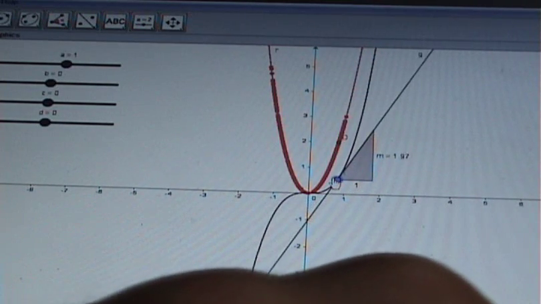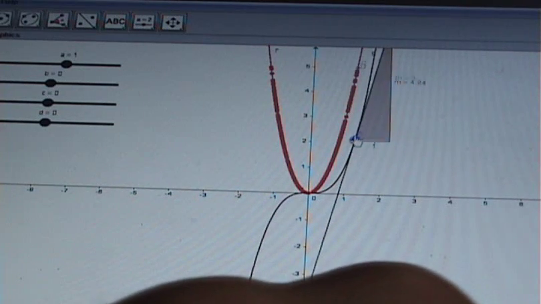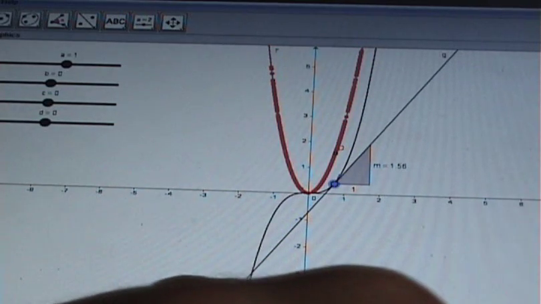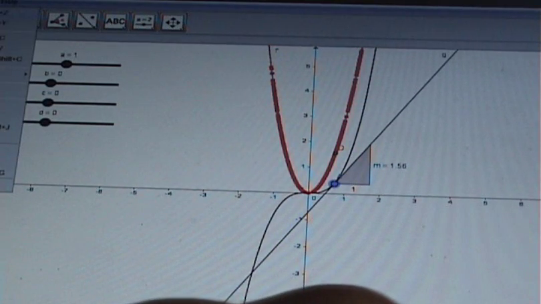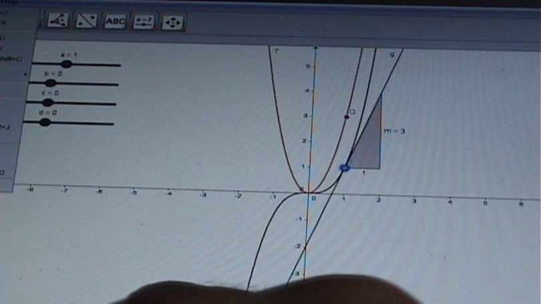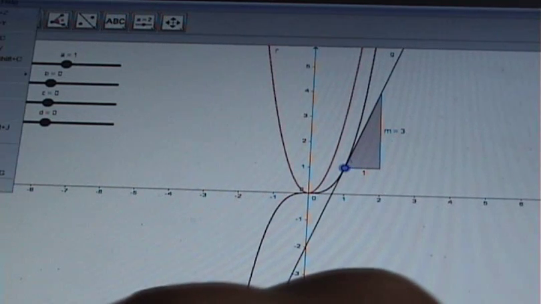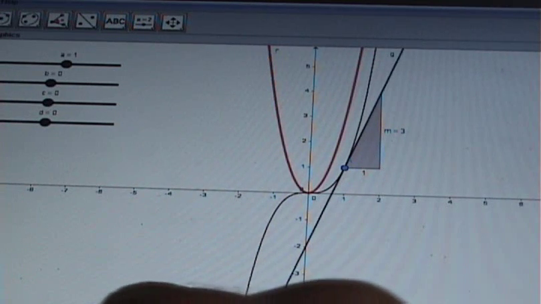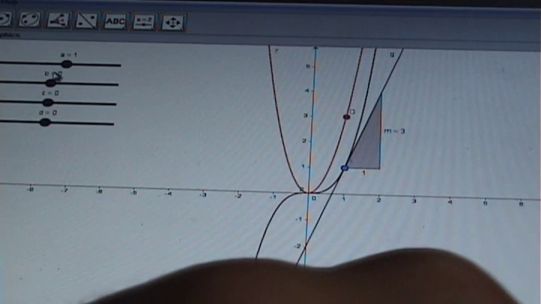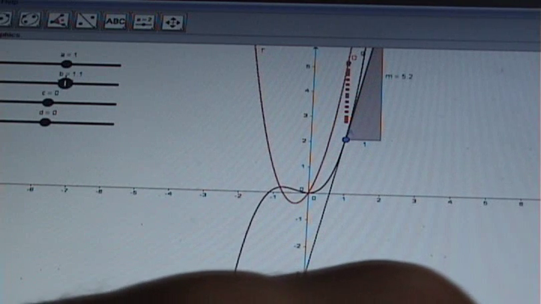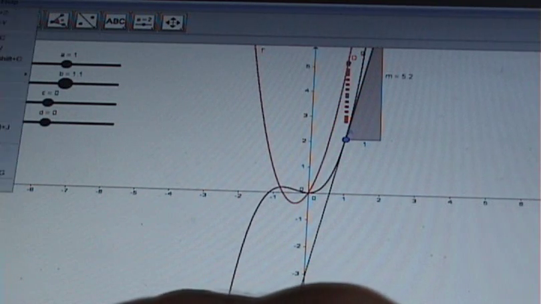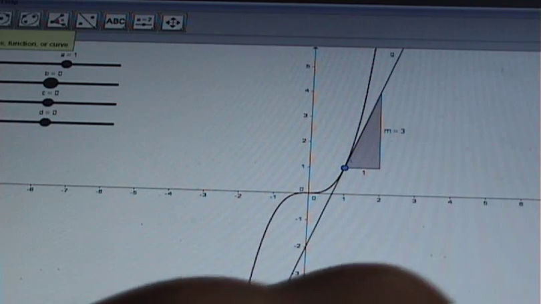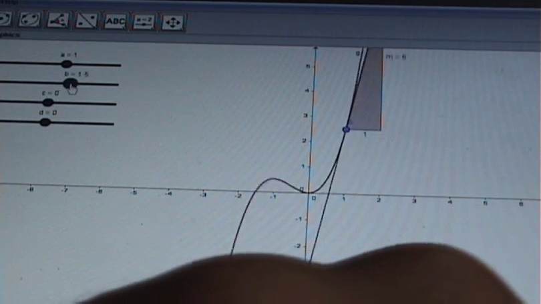So no matter where I move A along that function, let's say we change the graph a little bit to make it a little bit more interesting. Let's once again graph our derivative and our point D, but let's change our values here first.